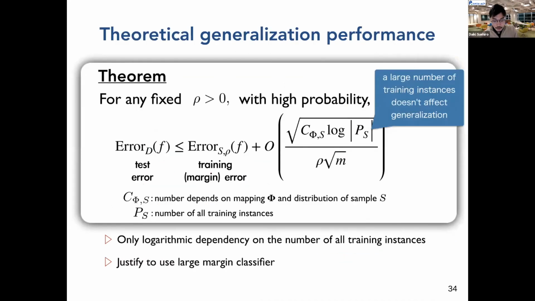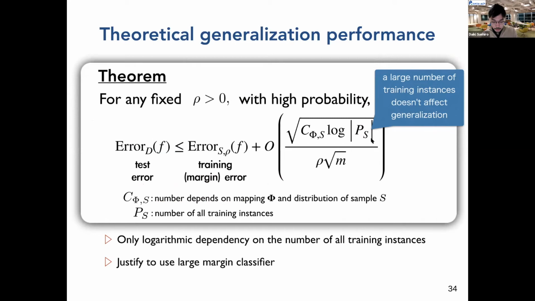And we obtain the generalization error bound like this. We omit the proof in this talk. For any hypothesis F belonging to capital F, the error is upper bounded by empirical margin error plus this term.